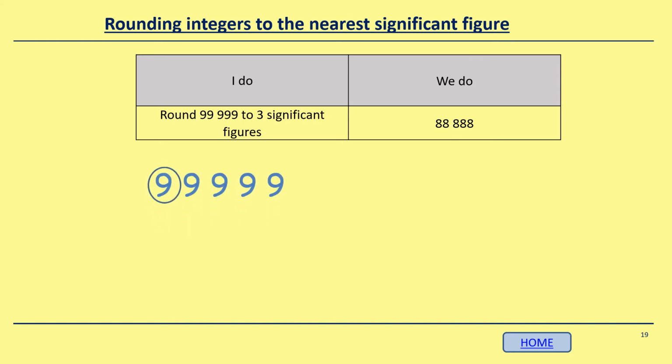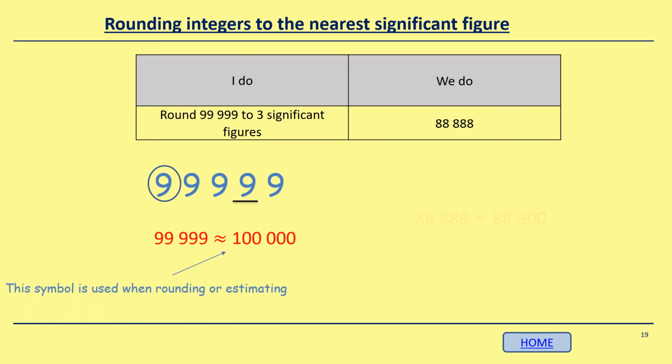So I'm interested in the fourth digit. That's a 9, so it's all going to go up by 1. 99,999 becomes 100,000. So you can have a go at 88,888 to 3 significant figures. So the answer is 88,900.